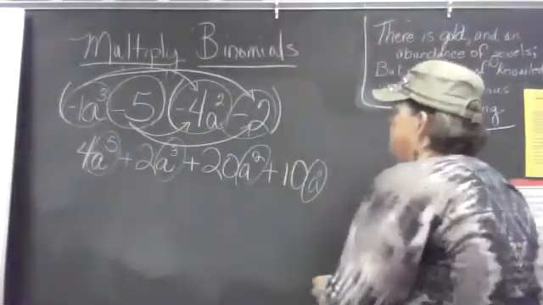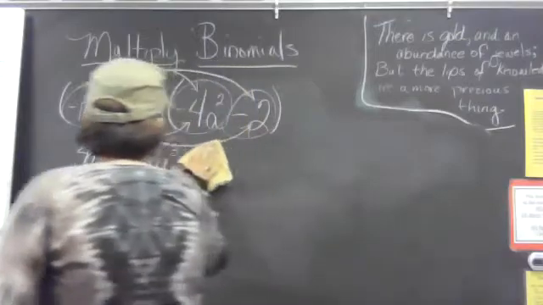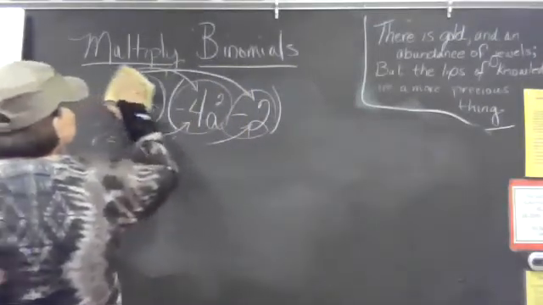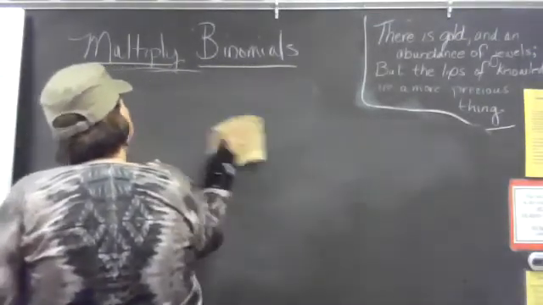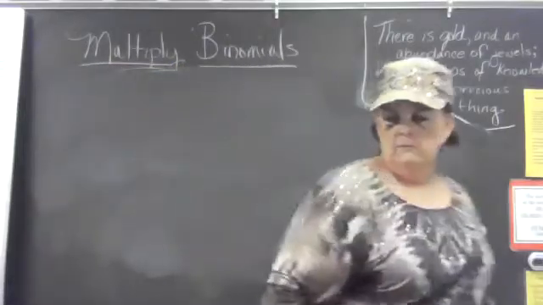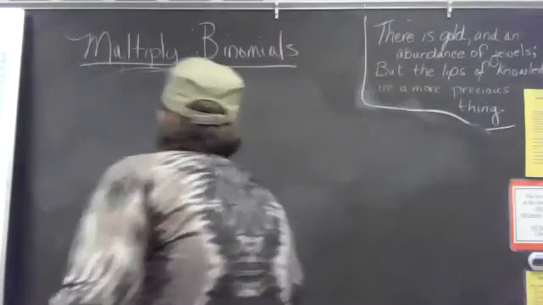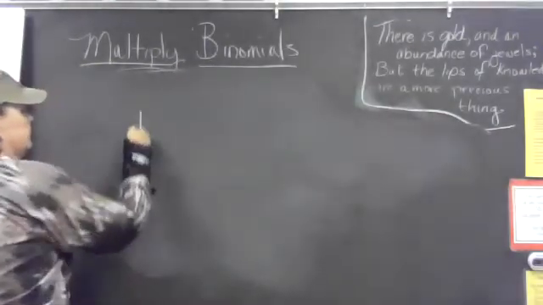So let's do this. It's got a lot of writing on it. Let's do it again. So the box method, we have a 2 by 2.